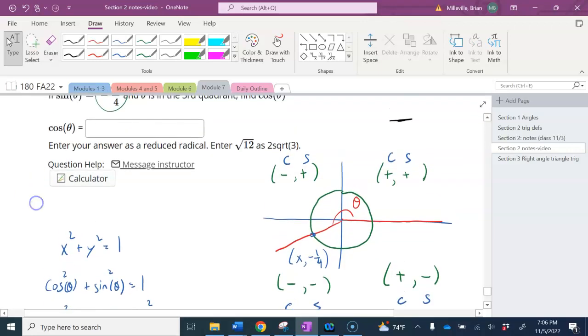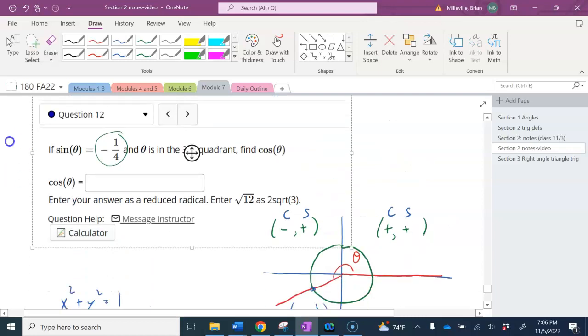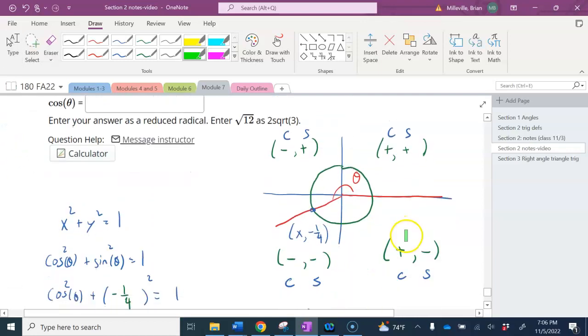If our angle is in quadrant 3, then we're going left and then down, and therefore both cosine and sine are going to be negative. If we're in quadrant 4, we're going right and then down, and therefore cosine will be positive and sine will be negative.